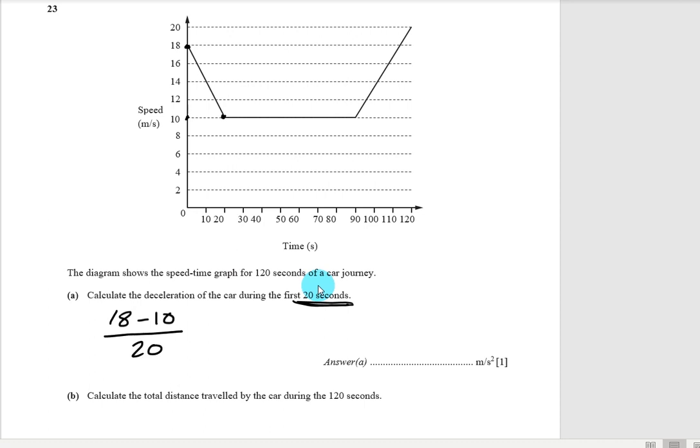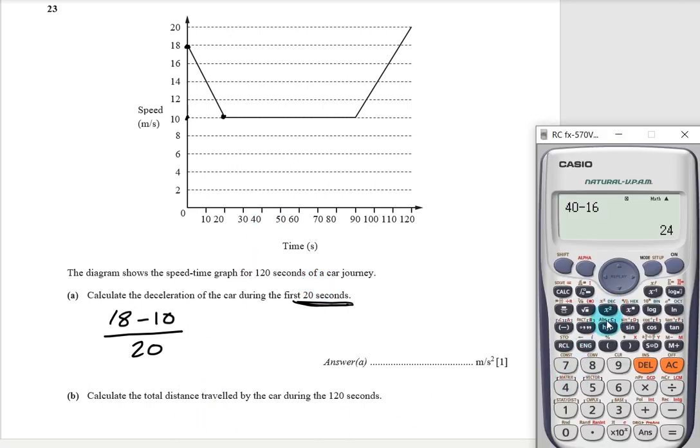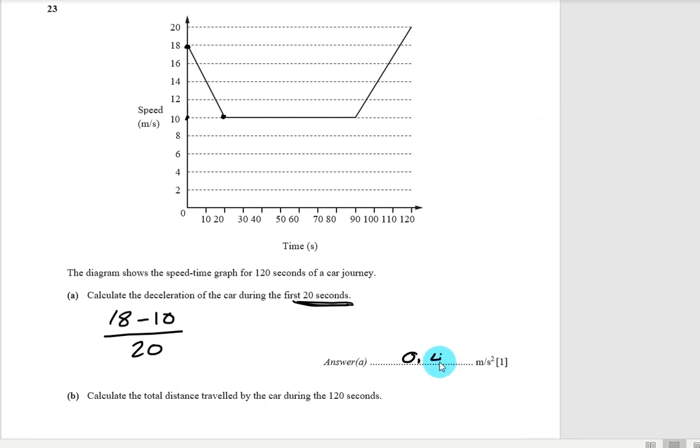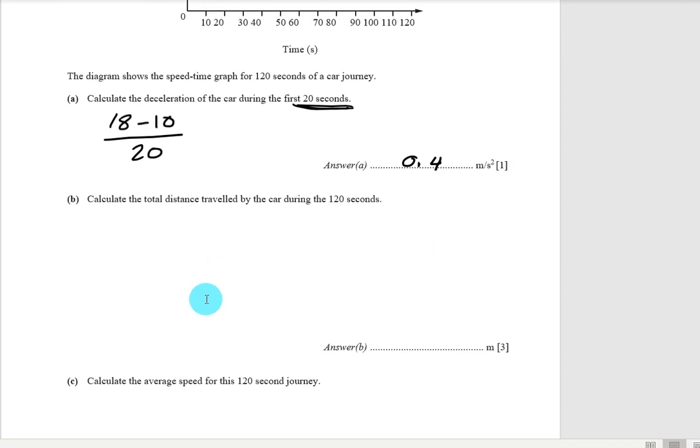So (18 minus 10) divided by 20 will be equal to 0.4. So 0.4 meters per second squared. This is the acceleration.